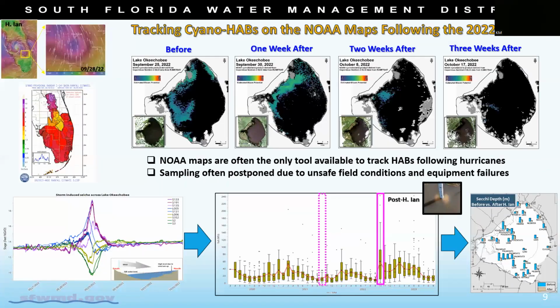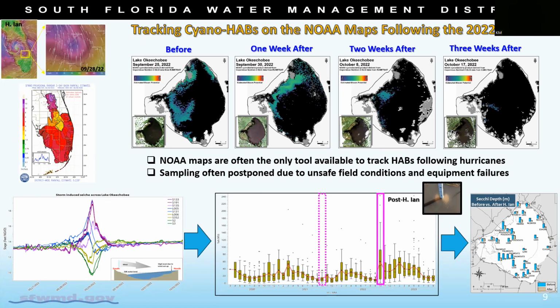Okay, so this is an example of post-Hurricane Ian conditions. We had some blooms before the hurricane, but also increasing turbidity because of the wobbling of the lake. A seiche is forming on the lake, so the water is literally wobbling.